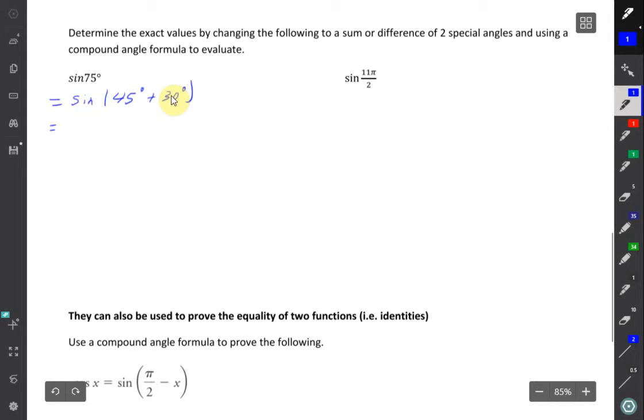And now we can use our compound addition formula for sine and write out the ratio. So this goes sine, cos, cos, sine, and the same sign in the middle. So sine of 45 times the cos of 30 plus the cos of 45 times the sine of 30. And then we use our special triangles.